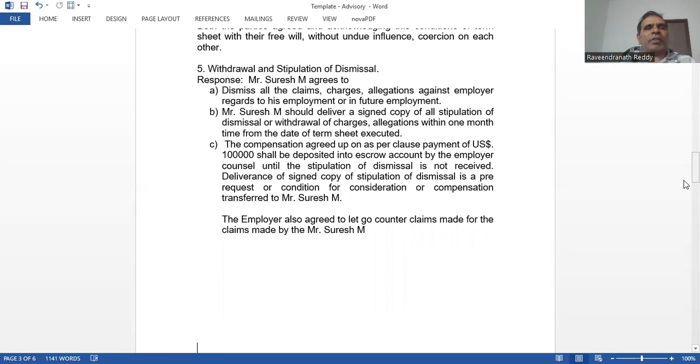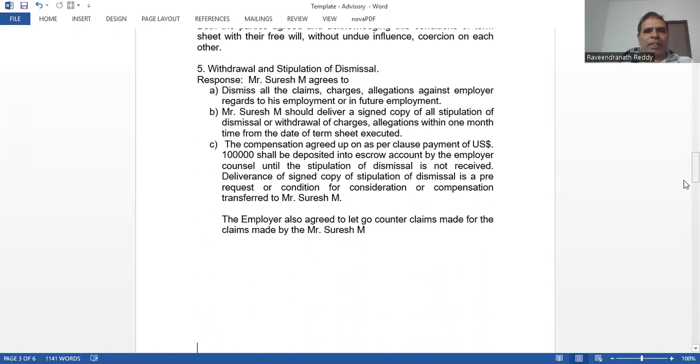So he has to hand over the signed copy of the stipulations of the dismissal or withdrawal of the charges to the employer. This is the second condition of the clause of withdrawal and stipulation of dismissal.